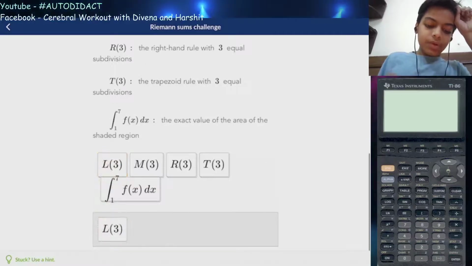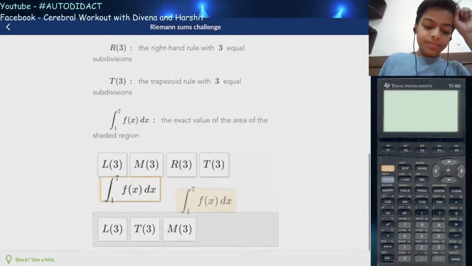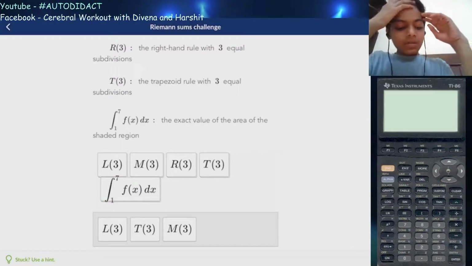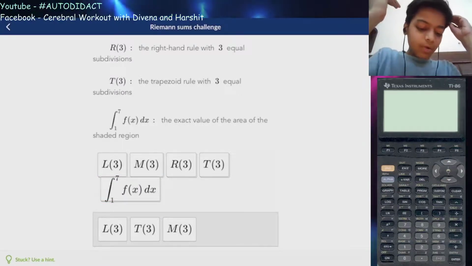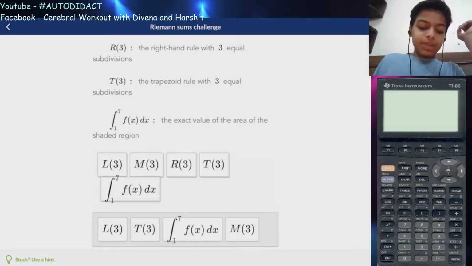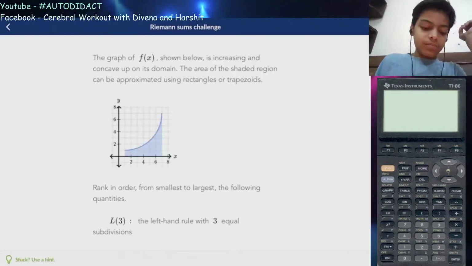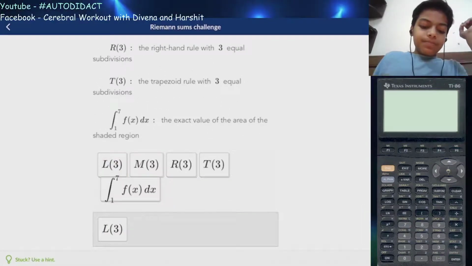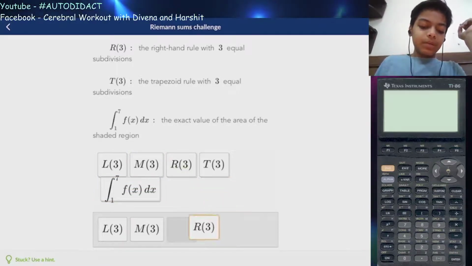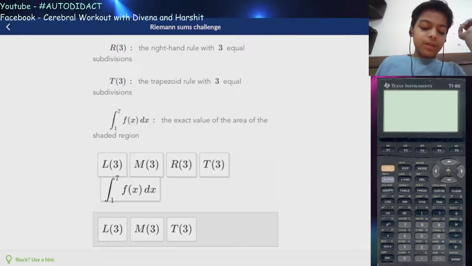So L of 3 first, then trapezium, then midpoint, then which one will come? Trapezium was smaller than this one, midpoint was bigger than that. R is the biggest of them all. Can we get trapezium?